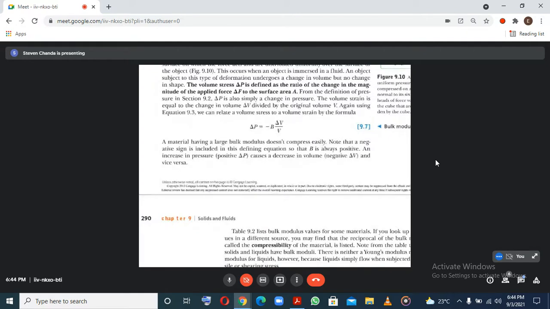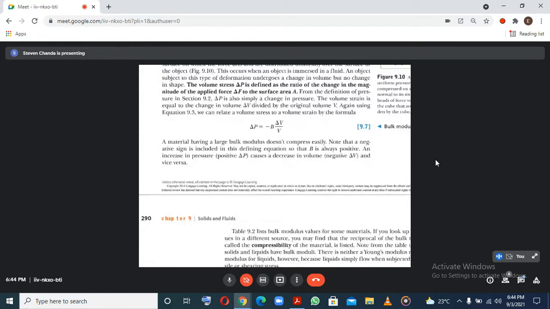But if the change in pressure is positive, it means that there is a compression of the object, meaning the change in volume is going to be a negative value, because the final volume is less than the initial volume. So you're going to have a negative.